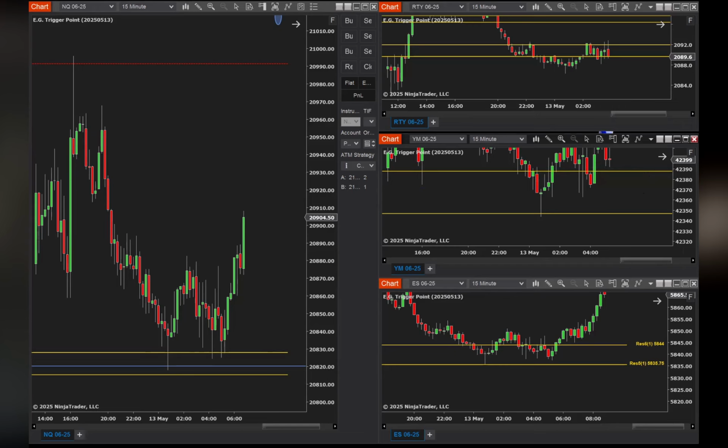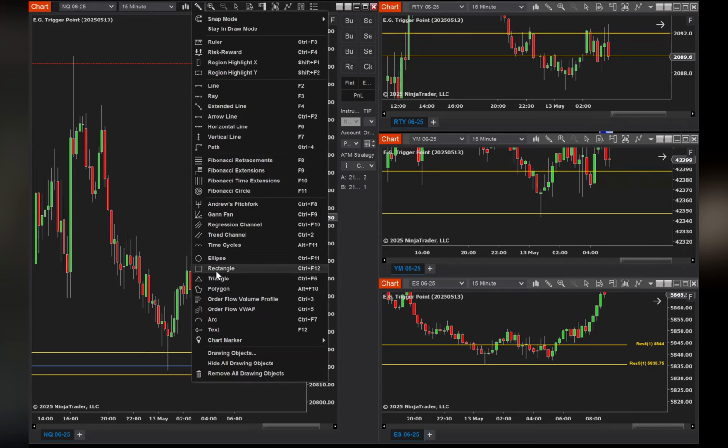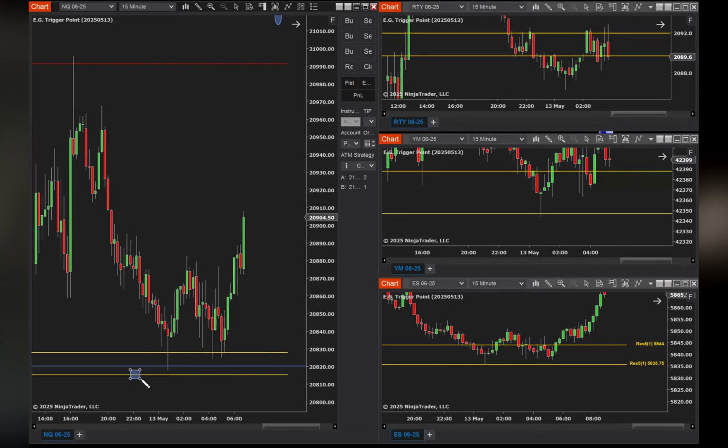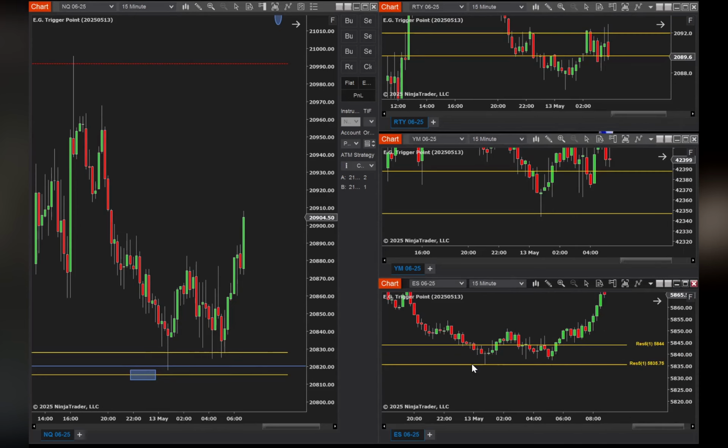So again, the first thing to do when trading a CTP is, when 2 or 3 or 4 correlated assets are hitting their trigger point, the first step is marking the equivalent line. At this point, this is the equivalent line.